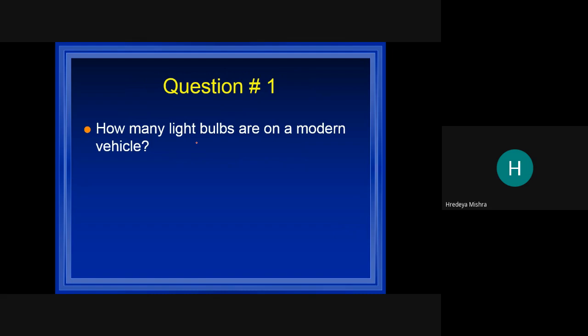Can you imagine or answer this question? How many light bulbs are on a modern vehicle? That means how many electric bulbs are used in a modern or current type of vehicle?